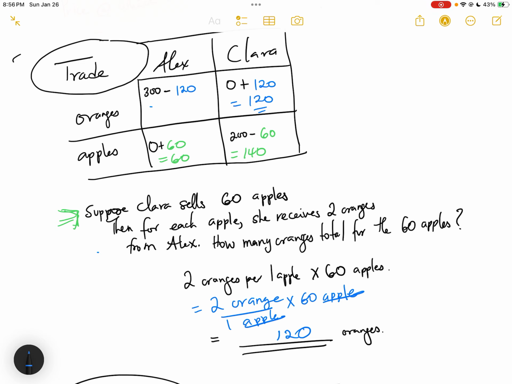We can see, by the way, this is equal to 180. Right, so Alex is left with 180 after selling those oranges to Clara at the price 1 apple for 2 oranges. Okay, so here we have it, trade.